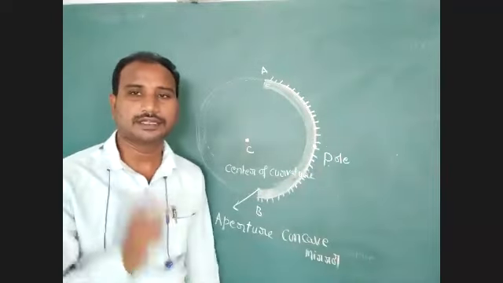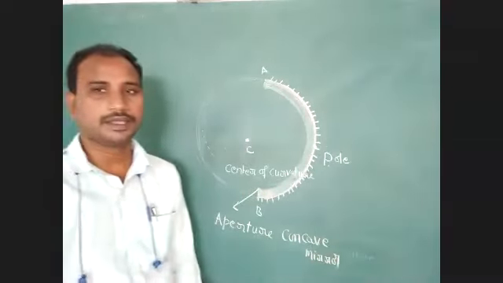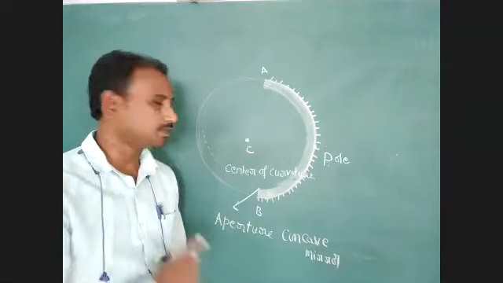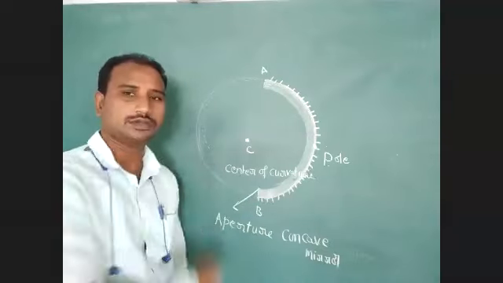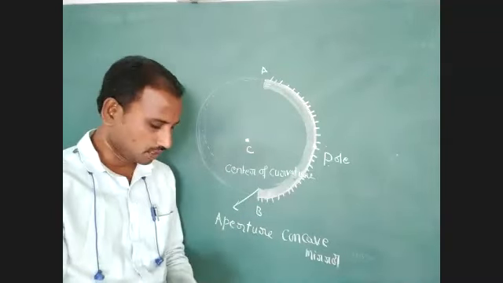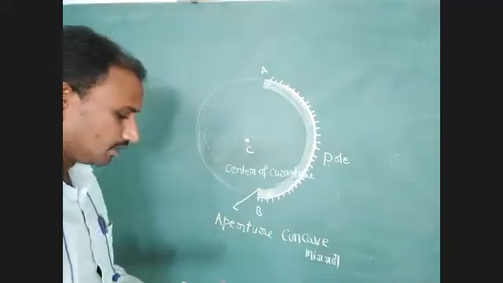Now, one reference line is required for this. That reference line passes through the center of curvature and the pole of the concave mirror. We have to draw that reference line.